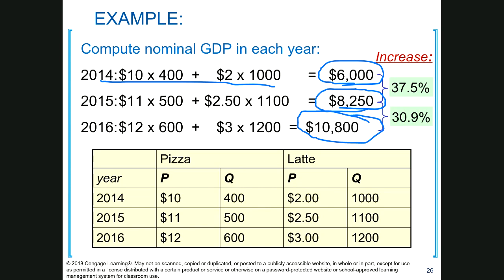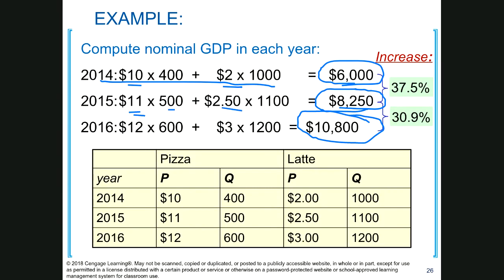Now, these are nominal, which means we calculate the GDP in current prices. As you see, the prices in each year are different. We calculate the GDP in 2014 prices, which were $10 and $2. Then we calculate GDP for 2015, the prices went up, so did the quantity.